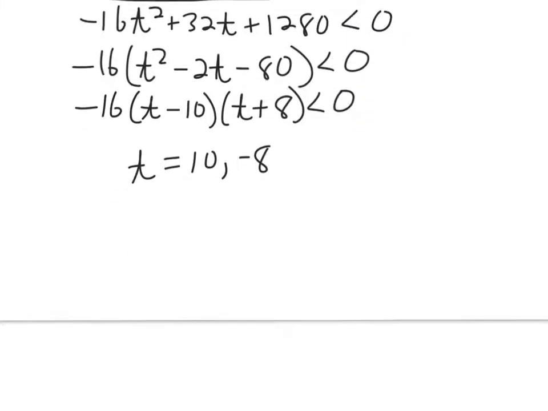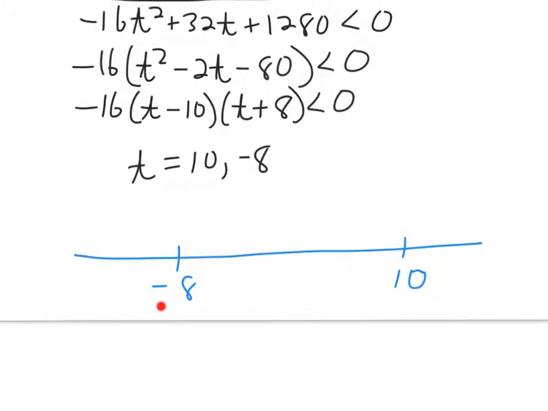So again, we'll make our number line. We have negative 8 back here, we have 10 here. Now remember, any time less than 0 doesn't make any sense. So really this negative 8 over here is not going to be meaningful in this answer.